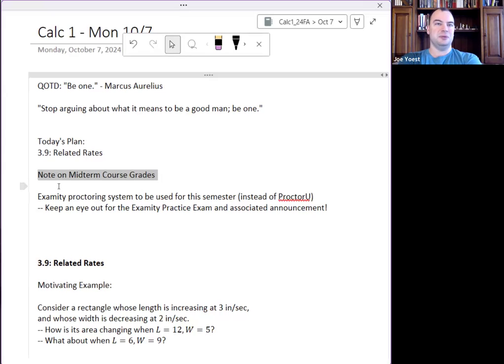That midterm course grade will basically just be your homework average for the homework sets that were due, well, I suppose due yesterday or before. So when I compute it, I'm just going to use homework because we don't have exam information yet.